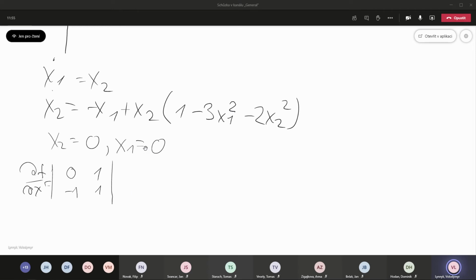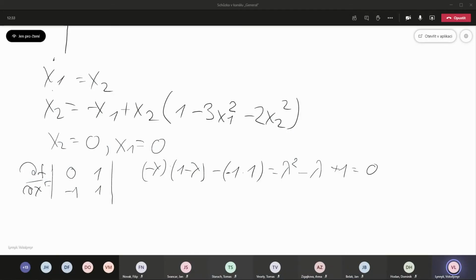Again we use the same: minus lambda, 1 minus lambda, minus 1, equal to 0, so lambda squared minus lambda plus 1 equal to 0.